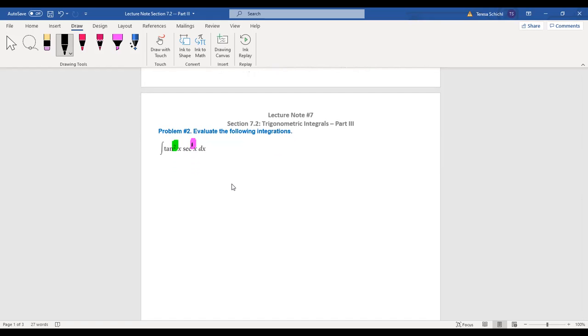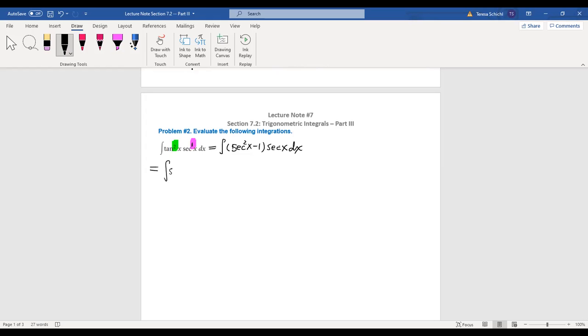Okay, so now let's take a look. How do we do it? The first thing is, let's change everything to secant. So tangent square is secant square x minus 1, correct? And then this is secant x dx. All right, so now I FOIL that.